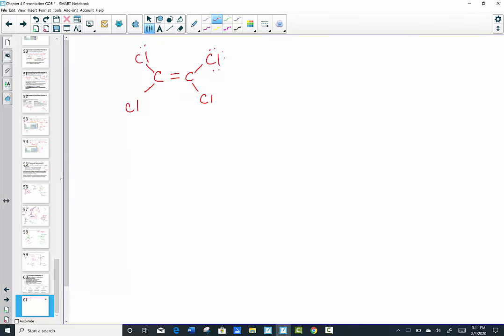So I have polar bonds between the carbon and the chlorine. Trying to get all my dots down, I get distracted there. I can see that I have polar bonds, and those are leading out in equal directions. So the molecule is non-polar, but I do have polar bonds between the carbon and chlorine. The carbon to carbon, of course, is non-polar.